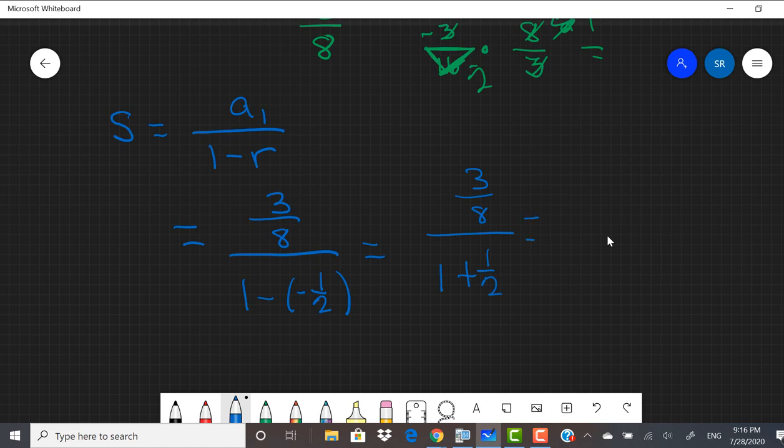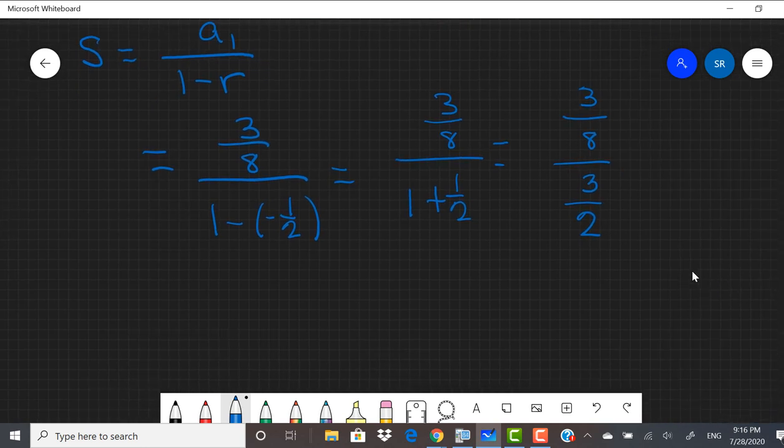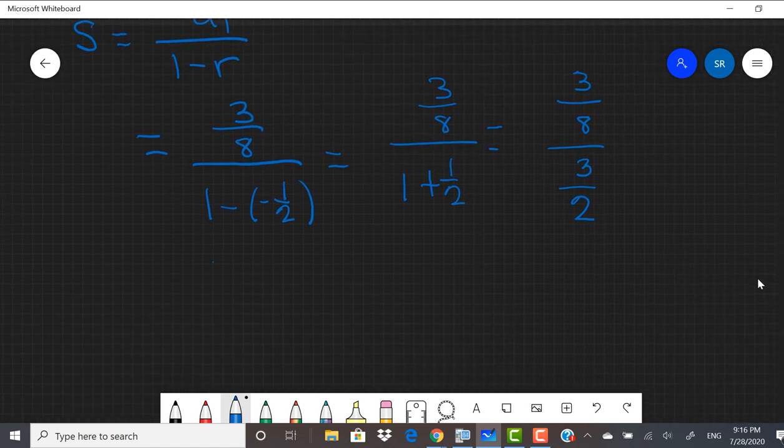Rewriting this as a fraction, we're going to have 3 over 8 divided by 3 over 2. And again, I have another complex fraction, so I'm going to rewrite that as 3 over 8 divided by 3 over 2.